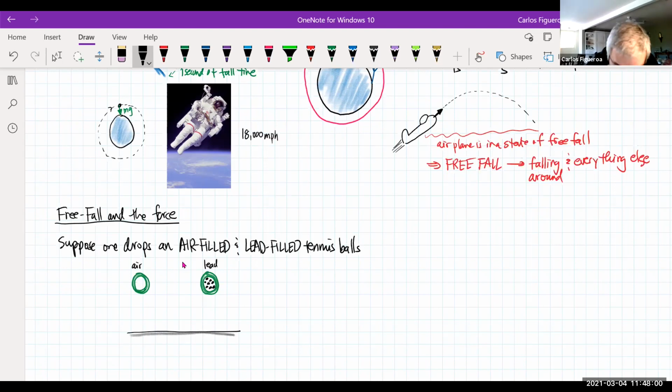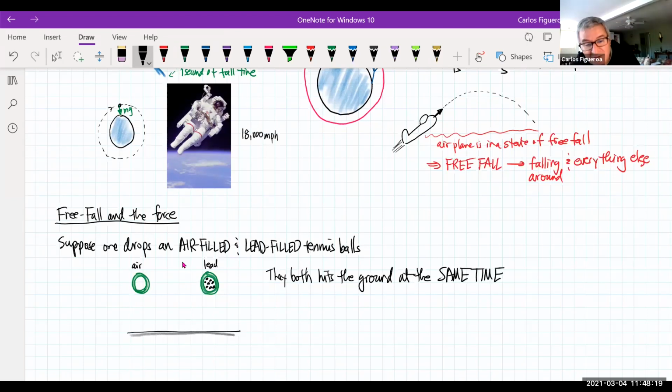And so we know already that they both hit the ground at the same time. But you know what the common answer is to this? We ask the question, why is this?